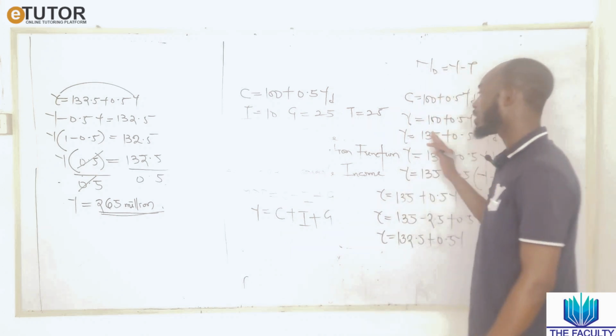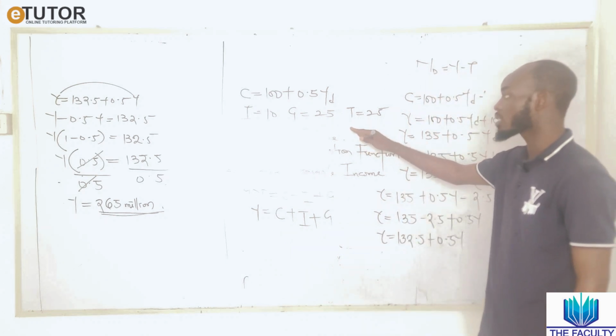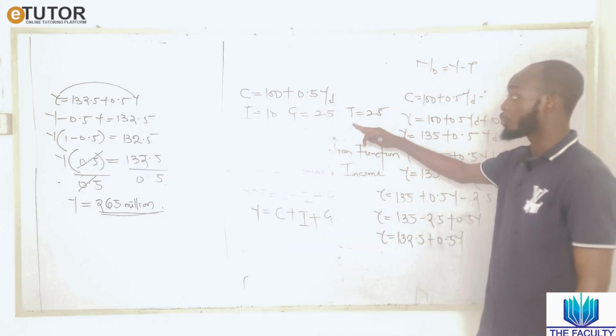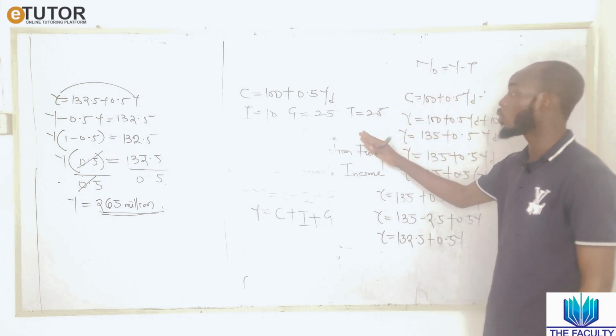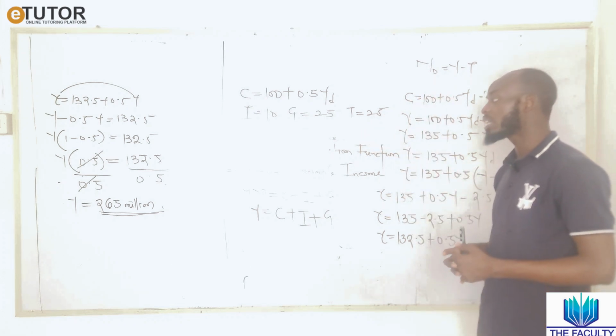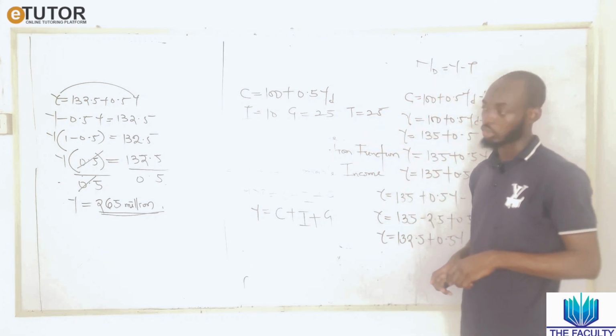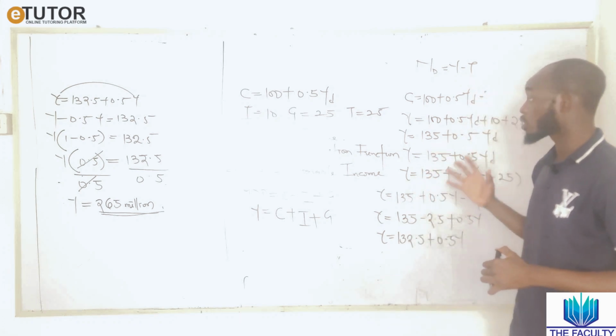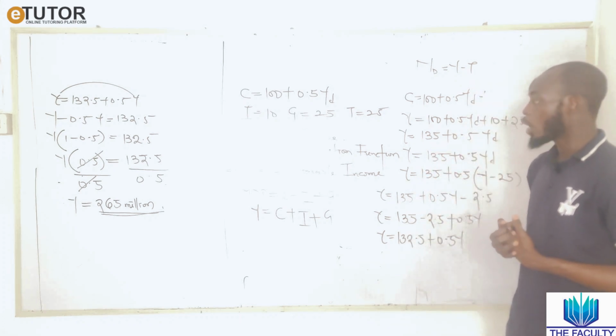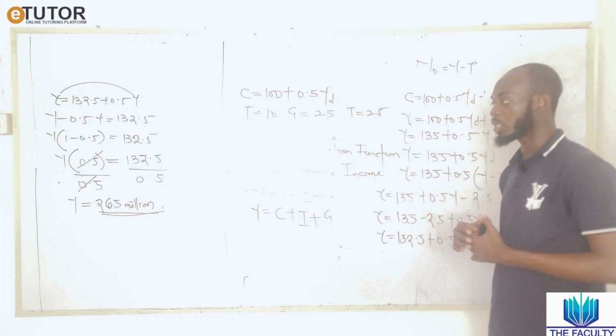So we just calculated the first question, the national income. Now, let's compute the consumption function. In order to compute it, we have to get our disposable income.